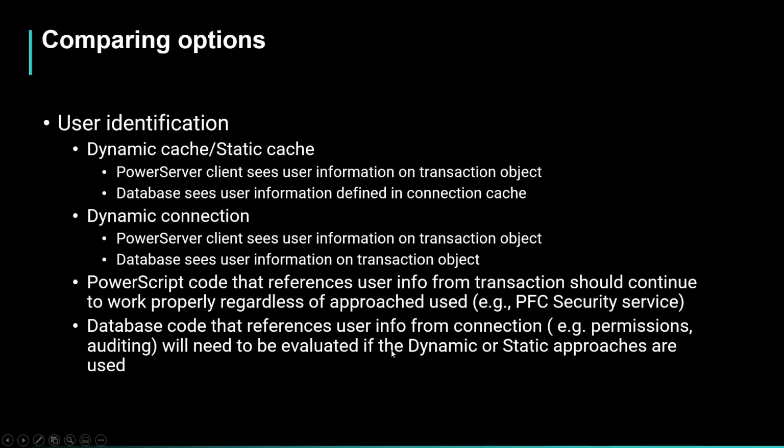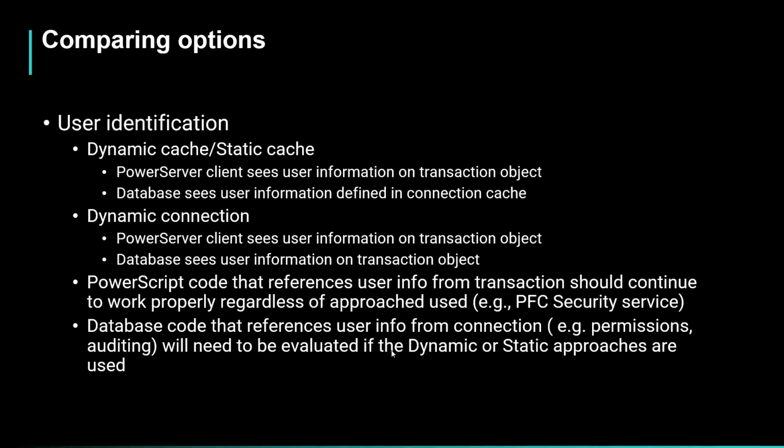However, database code that references user ID information from the connection, let's say if you've got a trigger that is doing auditing and it uses the user ID from the connection to indicate who the user is, that code is not going to work anymore because all that user ID is going to tell you is that it was somebody using the cloud app. It wasn't a specific user.